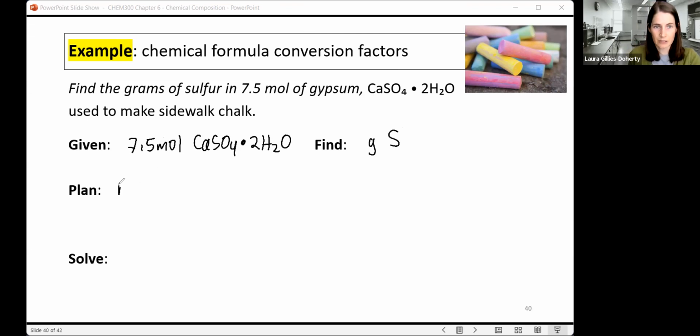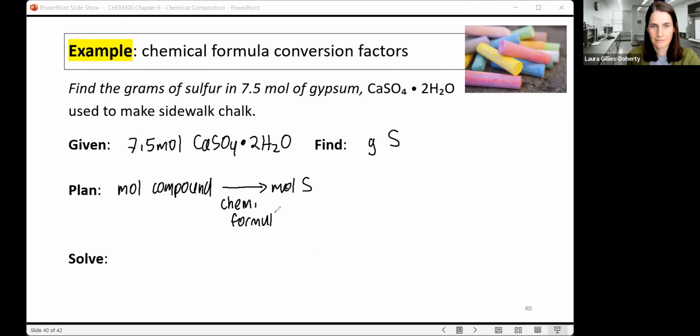So our plan, we're going to go from moles of compound to moles of sulfur using the chemical formula. Anytime you want to go from moles of compound to moles of something within the compound, you can use a chemical formula as a conversion factor. And same thing going in reverse.